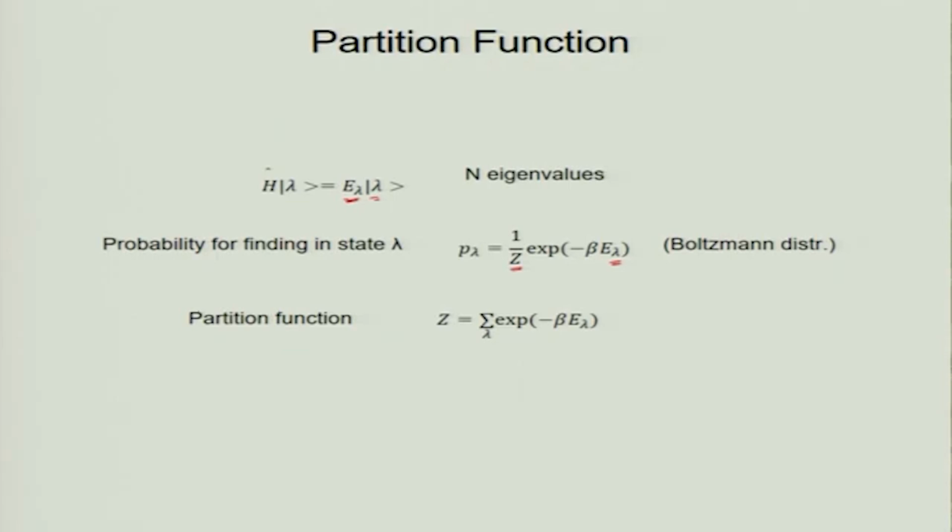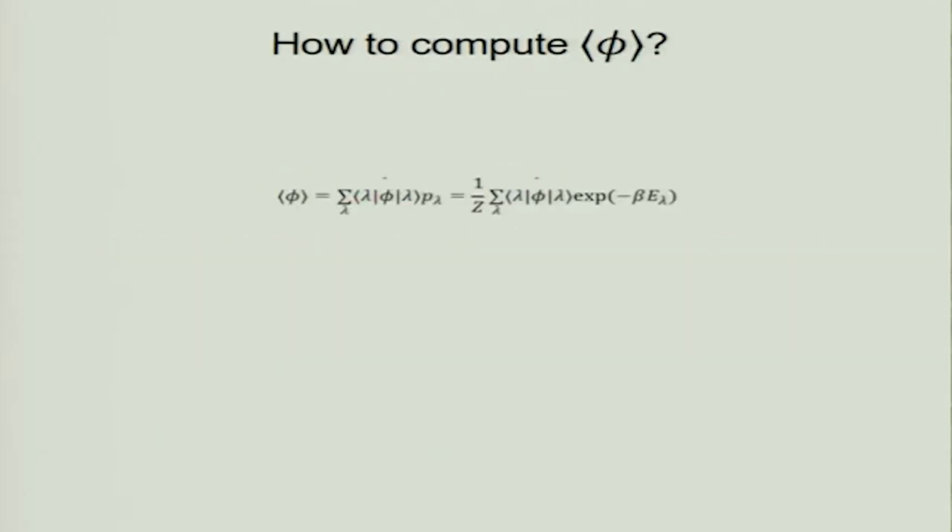Given the partition function, we can compute almost all quantities: free energy, specific heat, whatever you want. The partition function has that information. This course is not on StatMech; it is on some aspects of StatMech which are relevant to field theory, so I am not going to go into that.